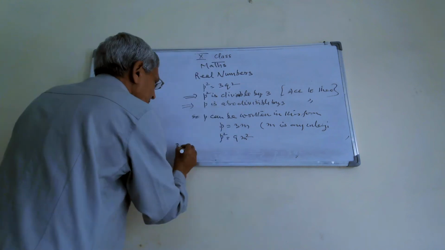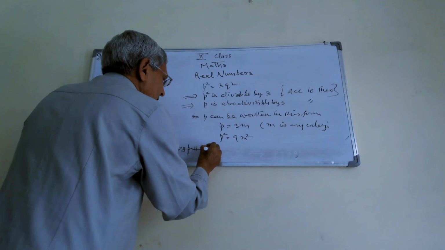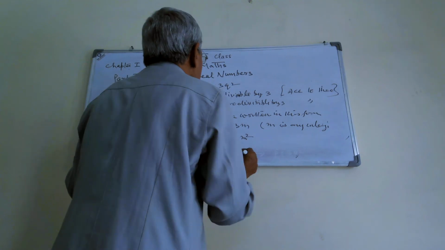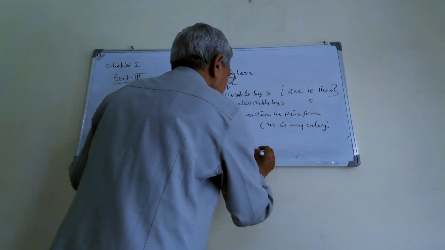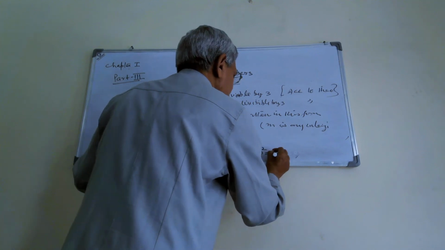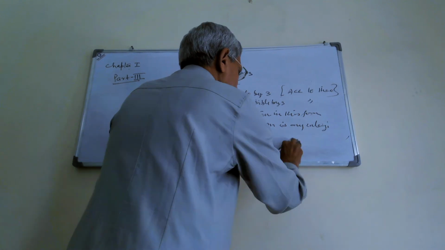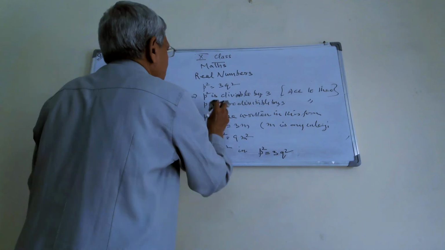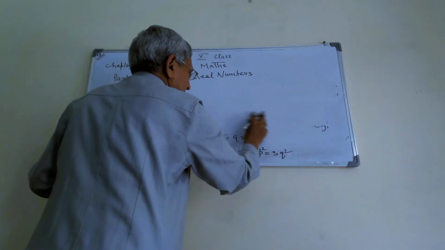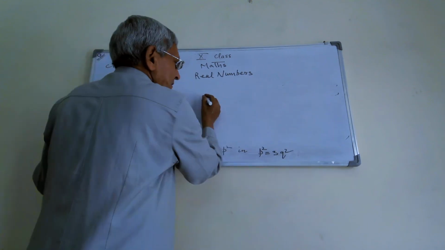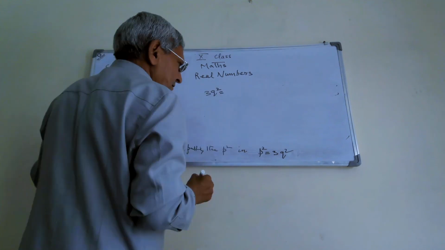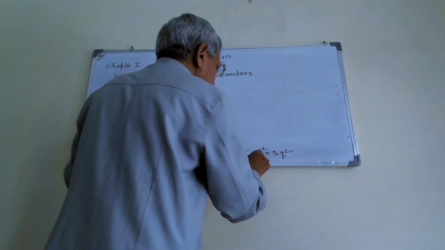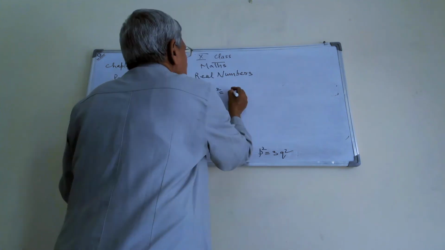By putting the value of P square in P square is equal to 3Q square, 3Q square is equal to 9m square.